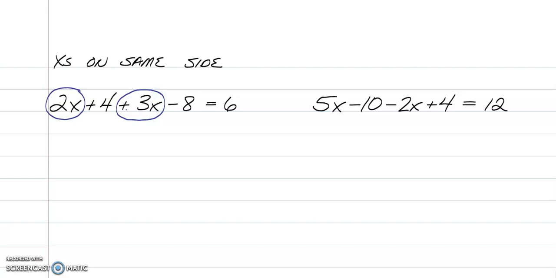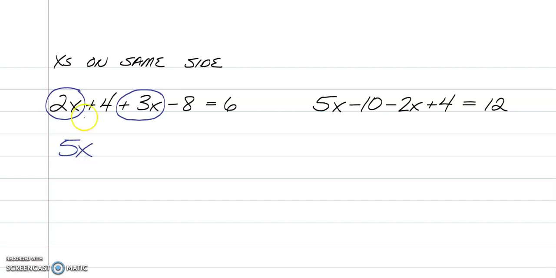The sign in front always goes with it, not the sign behind it. If they are on the same side of the equal sign, you do not move them, you combine them. So if you have 2x's and 3x's on the left, 2x plus 3x is 5x.